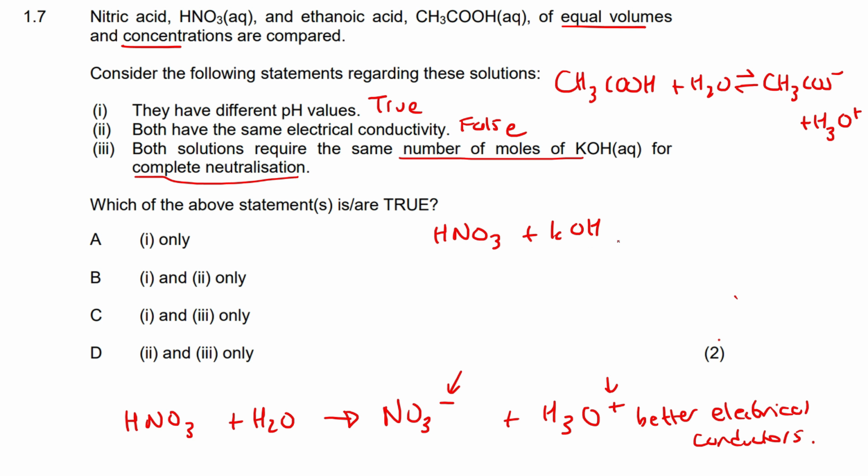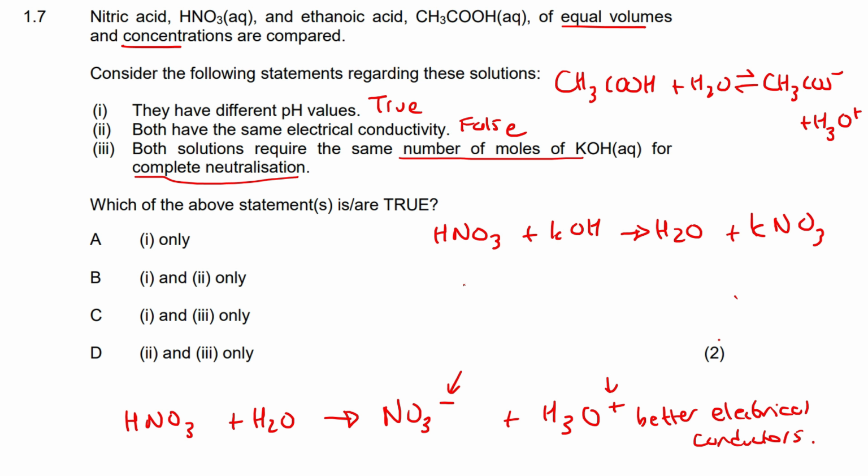What are the products? A salt and water. So let's put the water, and then the salt is just going to be the K and the NO3. Now, the valency of K is always +1, and you need to know your polyatomic ions, that's also -1. So this molecule is perfect. You don't need to put a 2 or anything like that.